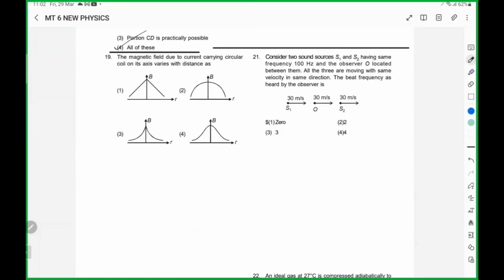And here he has given a graph of magnetic field versus distance. Suppose you consider a circular coil of radius a, maybe 1 turn or maybe having n turns, we don't know. Let us assume it's 1 turn, like that n turns are there in the coil.